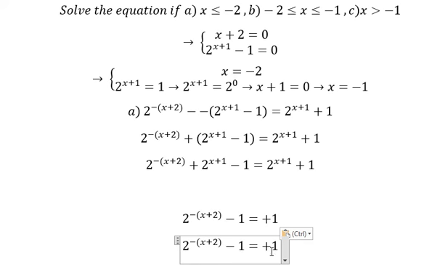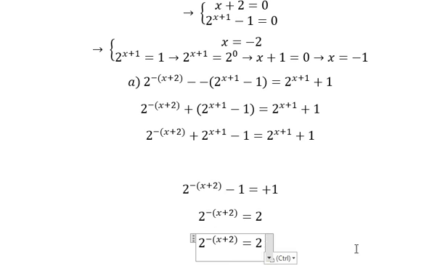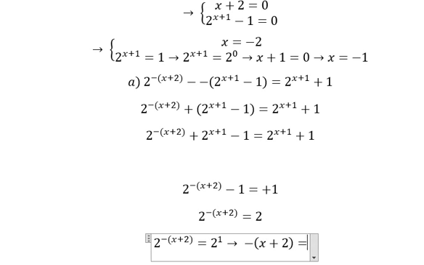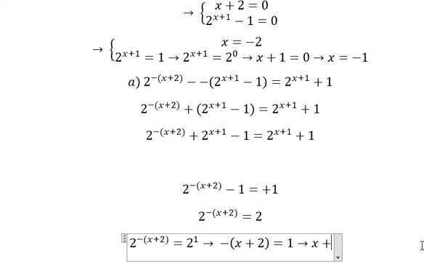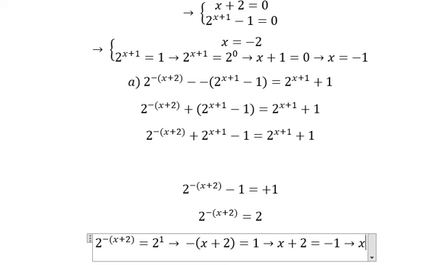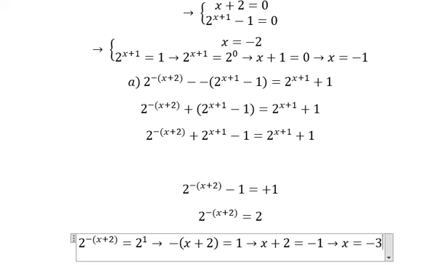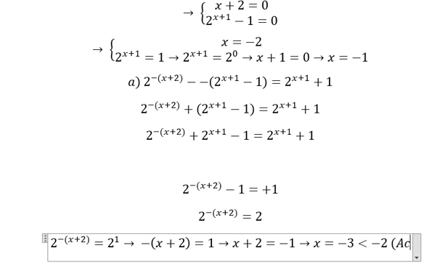We put negative number 1 go to the right, and you got about 1 plus 1 is about 2. 2, that means 2 to the power of number 1, and that means we got about negative x+2 equals to number 1. So we divide both sides with negative. So we put number 2 on the right, and we got about negative number 3. Negative number 3 is smaller than negative number 2, so we can accept.